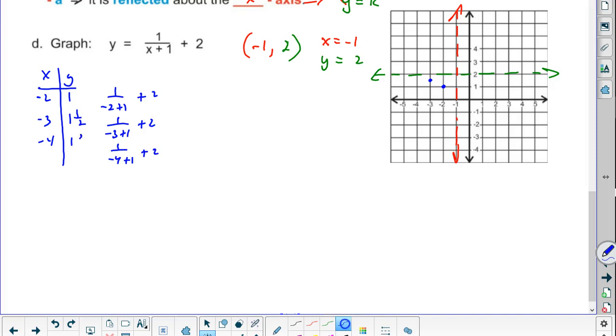So this is going to be 1 2/3. You do that in your head, I hope. A positive 2 minus a third is a 1 2/3. I hope you can. If not, do it longhand. Okay, so 1 2/3 somewhere up here. Okay, we got that part.